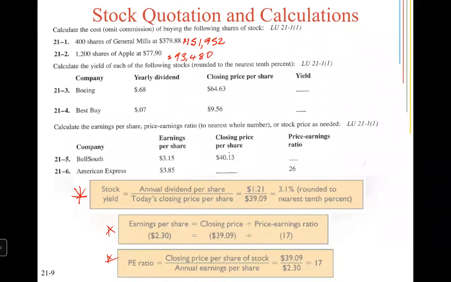So I'll give you about 5 minutes to work on those, and then I'll call on you to answer. Okay, so let's look at that. Those 4: 21.3, 21.4, 21.5, and 21.6. I'm gonna step out for a couple minutes, but I'll give you about 5 minutes to deal with those 4.